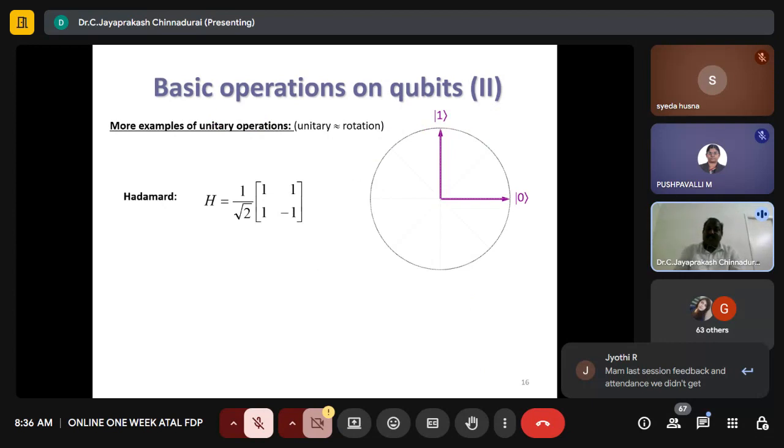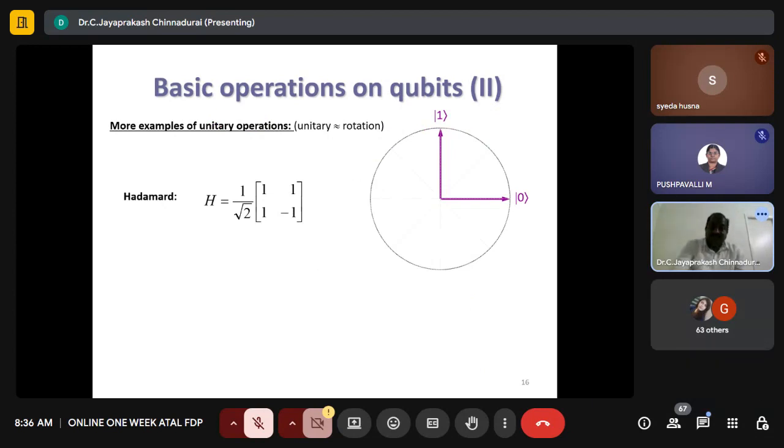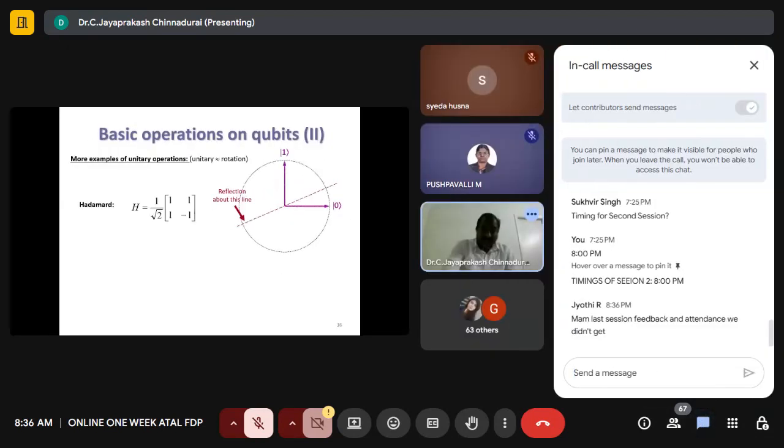And the basic operation on qubits, it is the Hadamard operation. See this diagram, we have an x-axis and y-axis. On the x-axis we have ket of 0, and on the y-axis we have ket of 1.